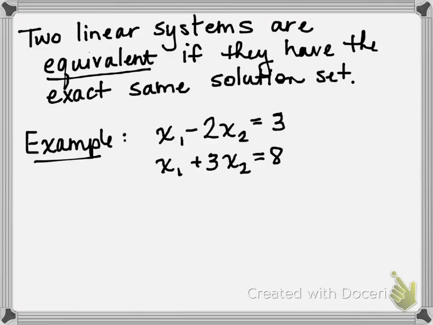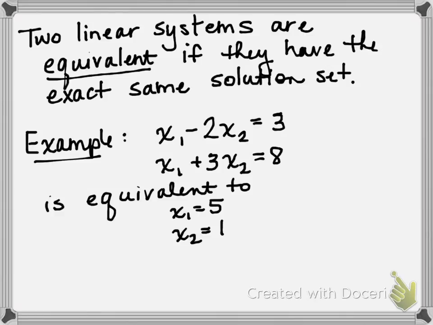For example, let's take the linear system x1 minus 2x2 equals 3, x1 plus 3x2 equals 8. This linear system of equations is equivalent to x1 equals 5, x2 equals 1. The second linear system of equations is much easier to tell what the solution set is than the one up here.